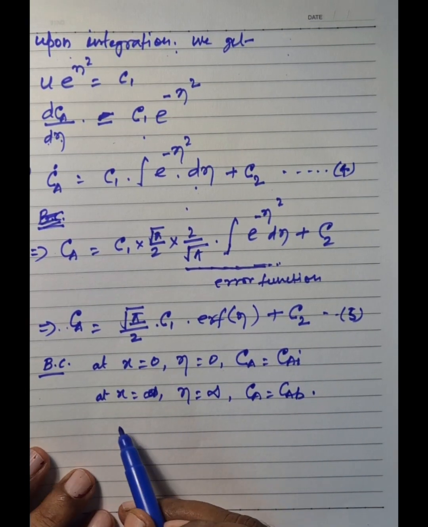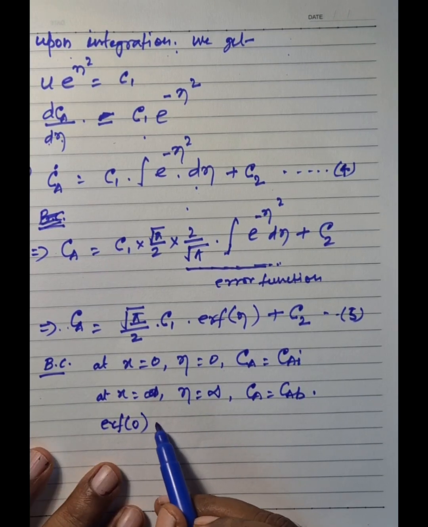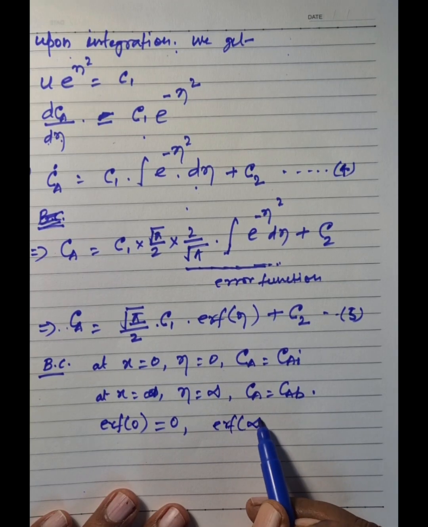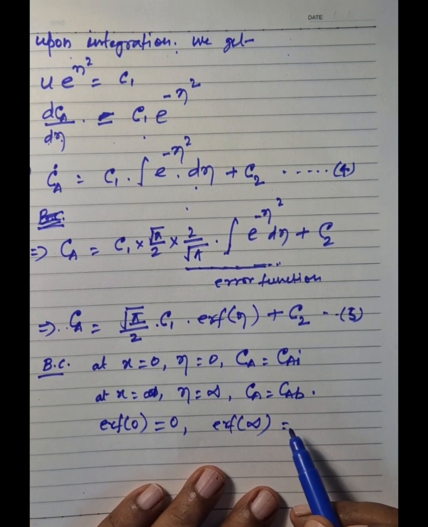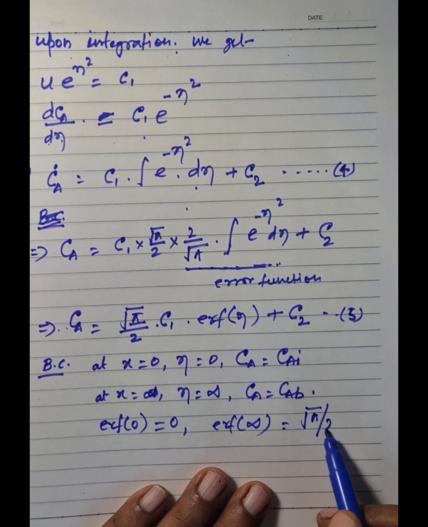Please note here that a property of the error function is that erf of 0 is equal to 0, and erf of infinity is given by root pi by 2.